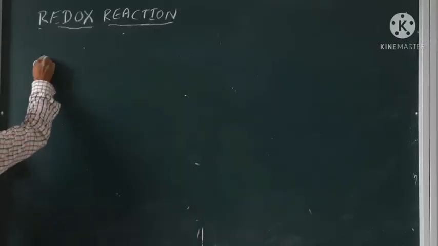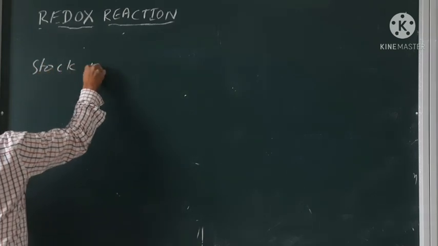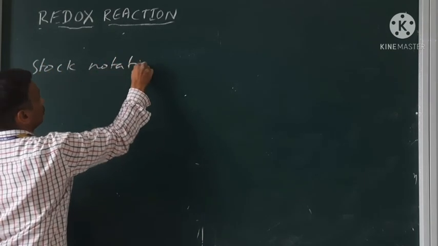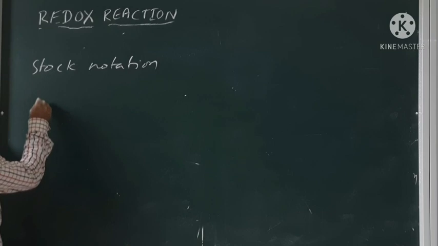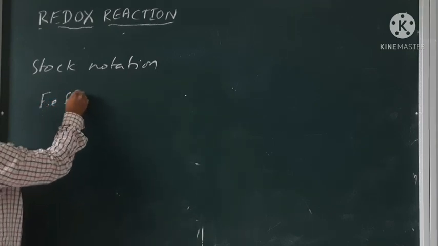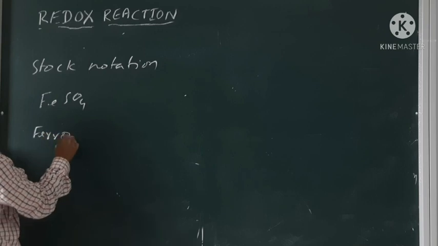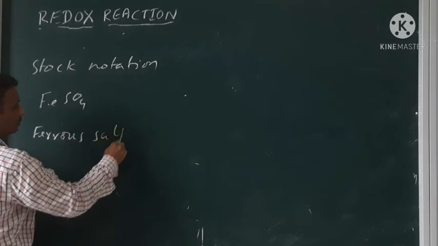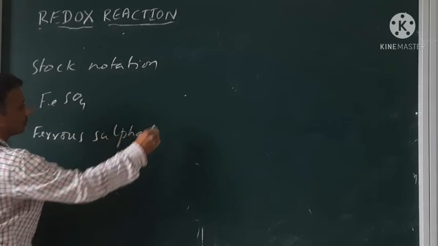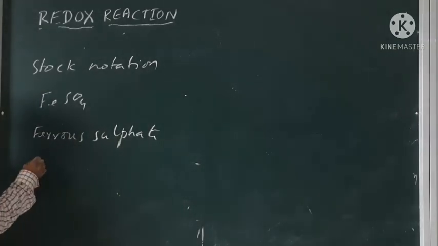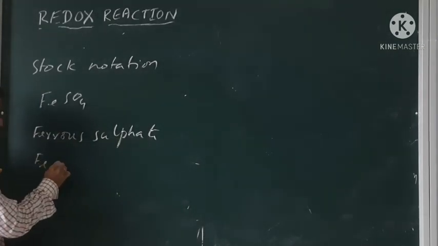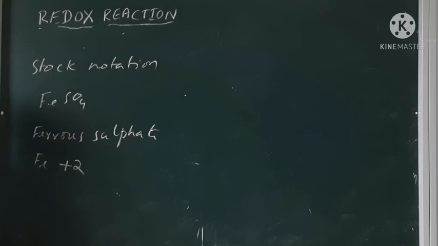Stock notation. Next concept, stock notation. See, FeSO4 is ferrous sulfate, and ferrous is Fe in the +2 state.